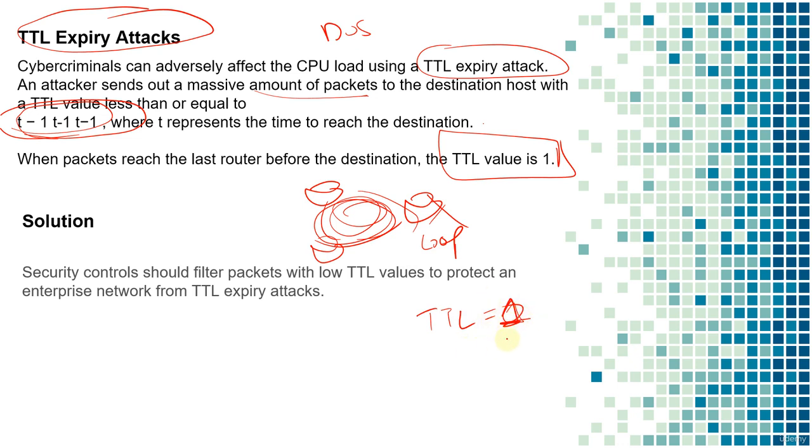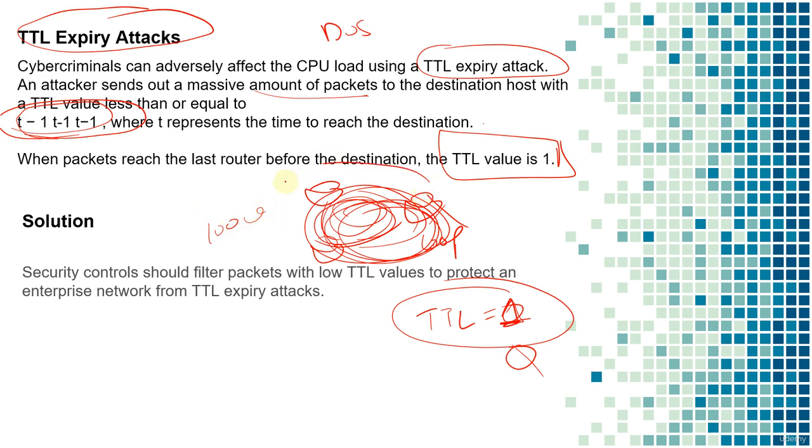So it is never going to go beyond 1, and never going to be 0. That is why, if the TTL is 1, it is going to loop around. Similarly, the hacker is going to send thousands and thousands of packets and will choke up your network completely.